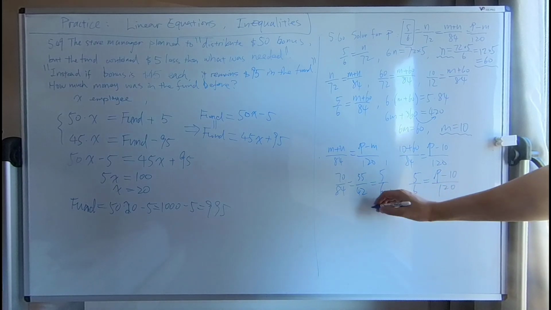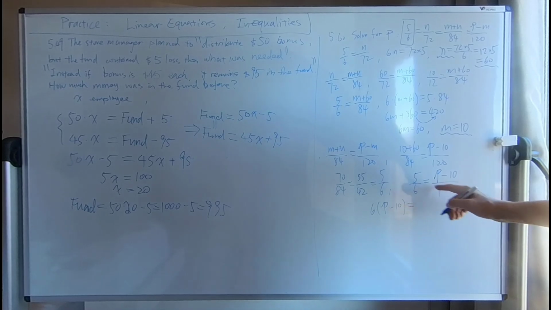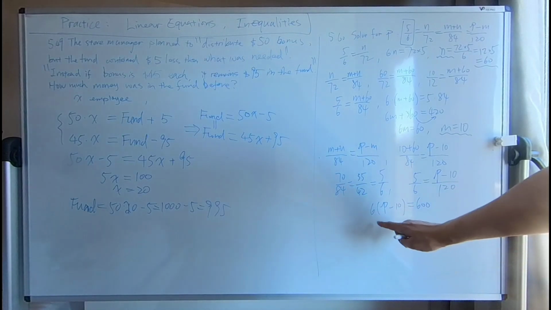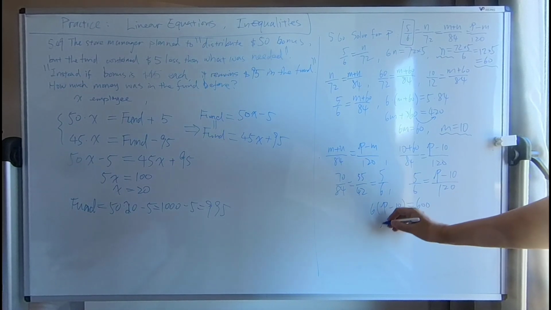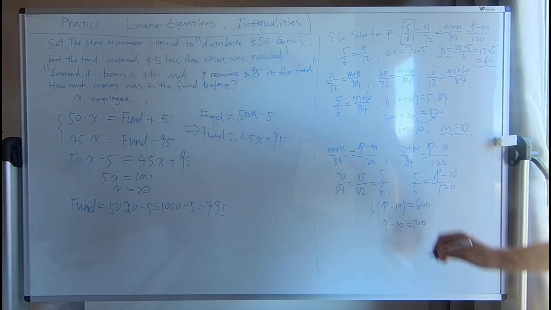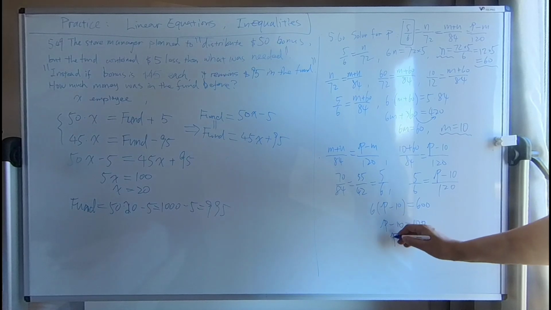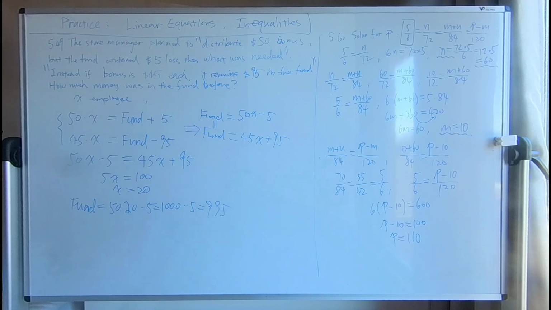So again, by cross multiplying, I have 6 times p minus 10 is 5 times 120, which is 600. This time I'm not going to multiply 6 in here because I can directly divide 600 by 6, so that's just 100, and then p is 100 plus 10, so 110. So that's how we eventually solve p.